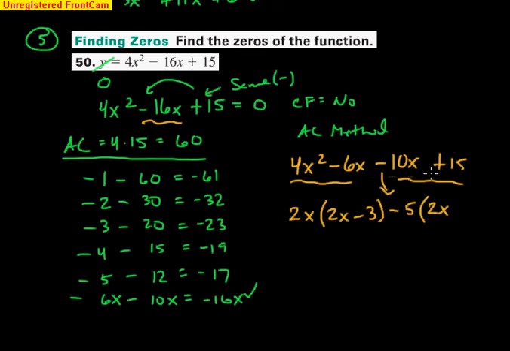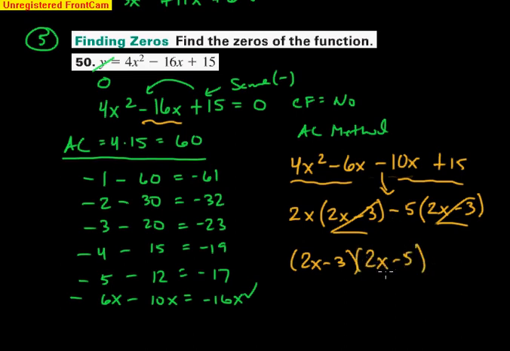The x comes down because you're not touching the x. When you do 15 divided by negative 5, you get negative 3. So now you see that this repeats. This 2x minus 3 repeats. That comes way out in front. Cross it off, and you're left with 2x minus 5. And there's your two factors.